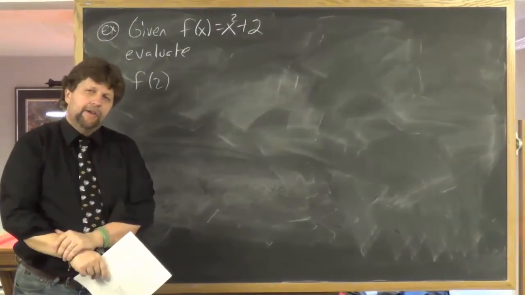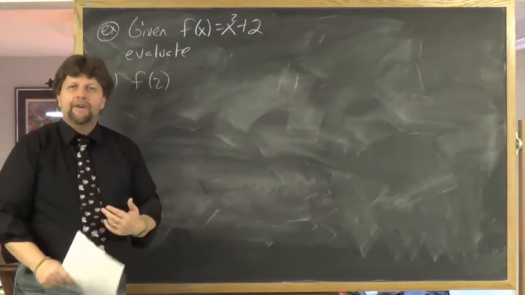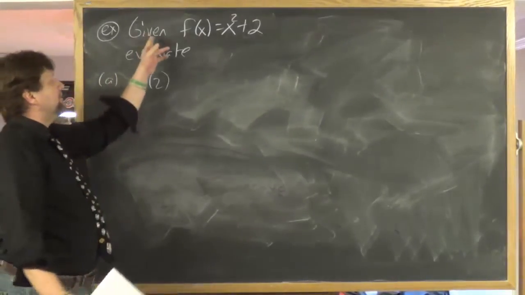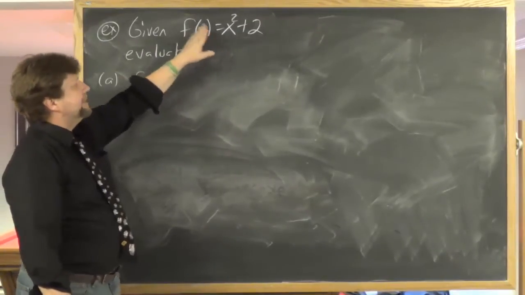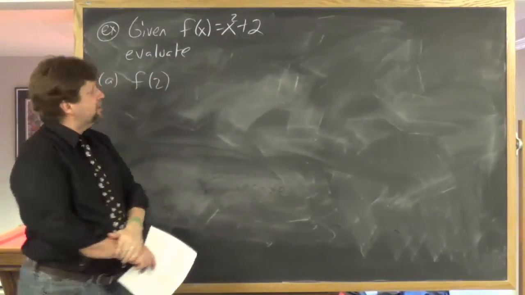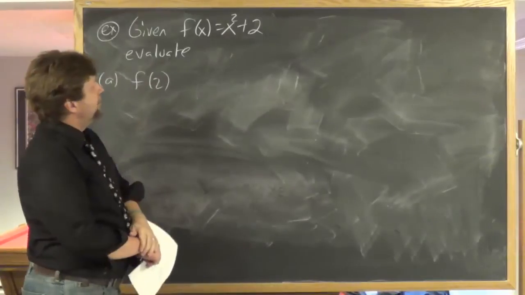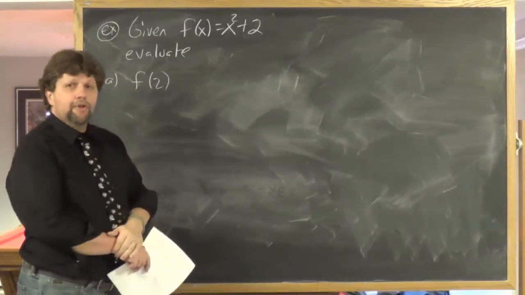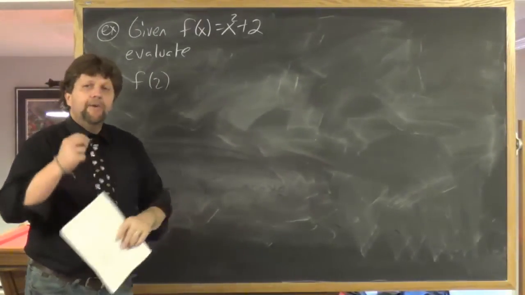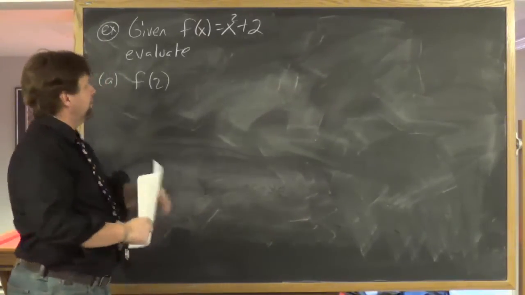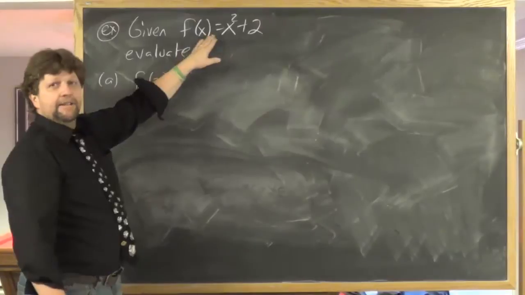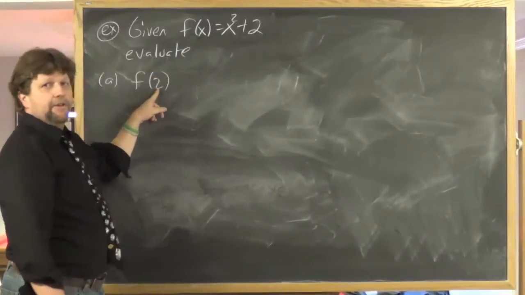Hi, here we are. We're going to look at a quick example of how to evaluate functions. So for this example, let's suppose we're given the function f of x equals x squared plus 2, and we're asked to evaluate the f of 2. To evaluate a function, it's just this simple. Wherever you see an x in the function, you're going to put in a 2.